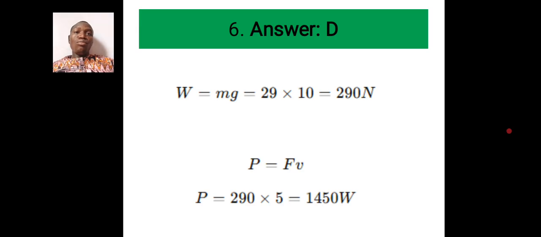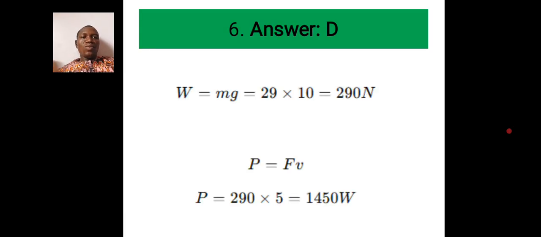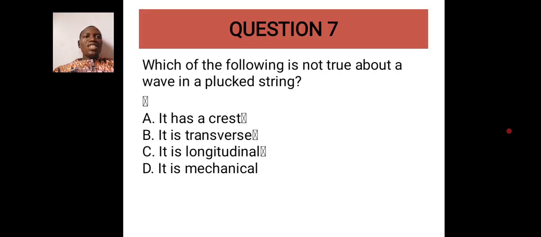Force is not given, but we have parameters to calculate it, which are mass and acceleration due to gravity. And that's exactly what we did there to get it. I hope this is clear now. So our answer is D. D is the correct answer, 1450 watts.